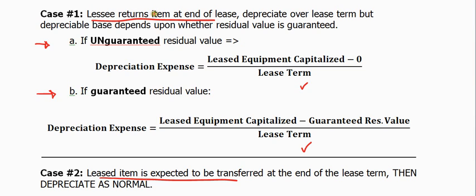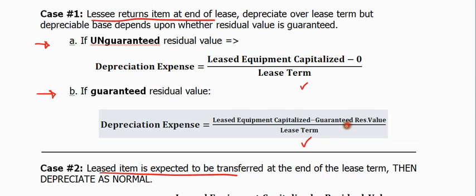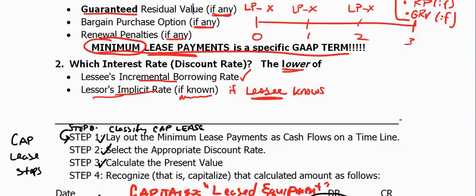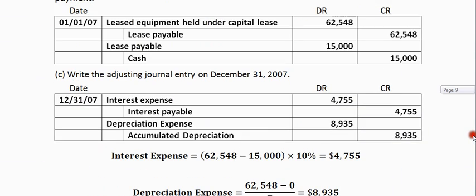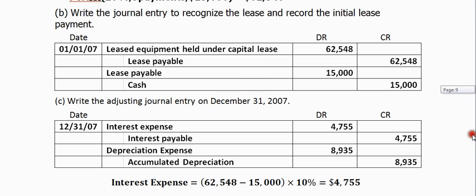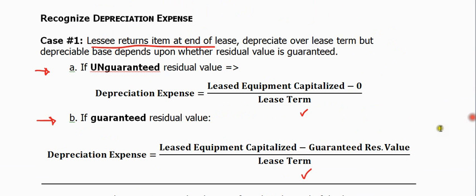If it's going to be returned at the end of the lease, but it's unguaranteed, then we're going to depreciate all the leased equipment we capitalized. If there's a guaranteed residual value, then we're going to subtract out the amount guaranteed. Then you're going to subtract out the guaranteed portion of the residual value, because that's what the lessee's expecting to return.